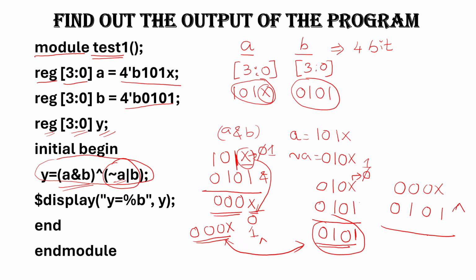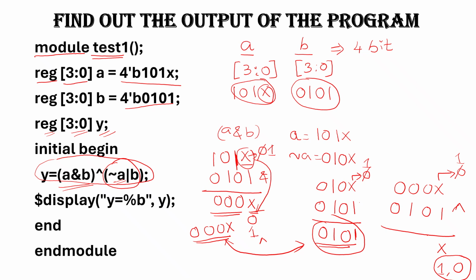Don't care XOR 1: if X value is 0, 0 XOR 1, output is 1. Suppose X value is 1, 1 XOR 1, the output is 0.